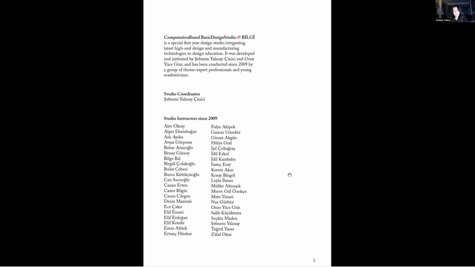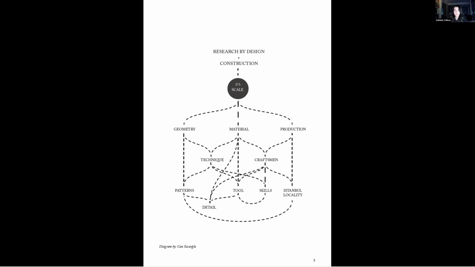So this is a big studio, in fact, with teams of instructors working together. And it started in 2009 and is still developing. Introducing one-to-one scale production and manufacturing procedures into design education is one of the important prospects of the studio, but it is also a studio of research on design, or research by design, where material research on technology, design, geometry, material and production processes is introduced.